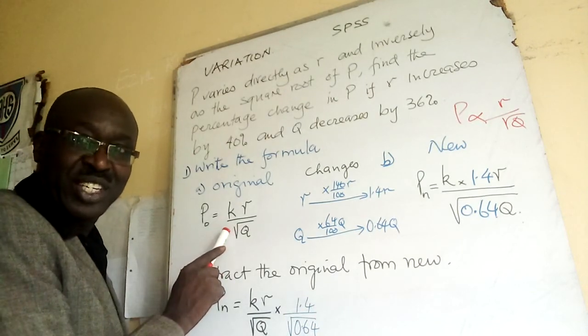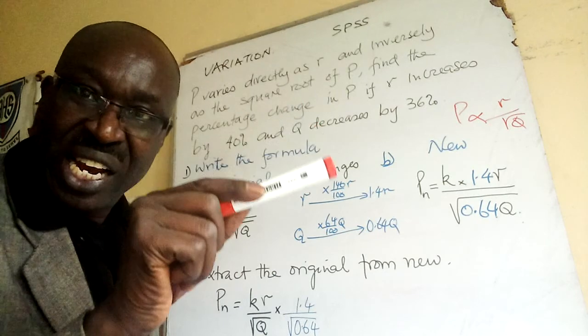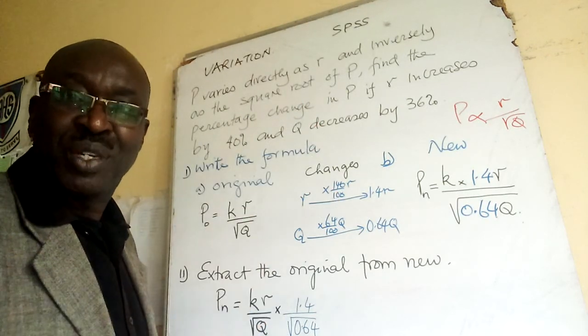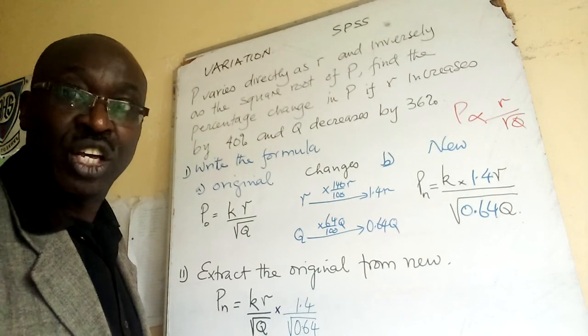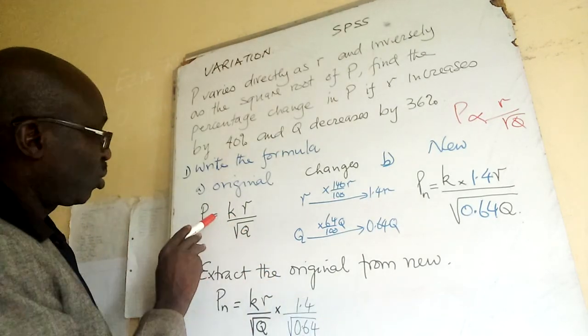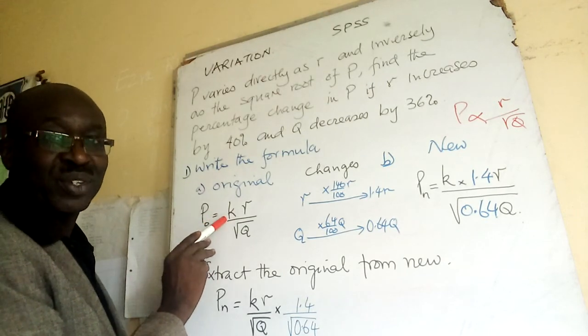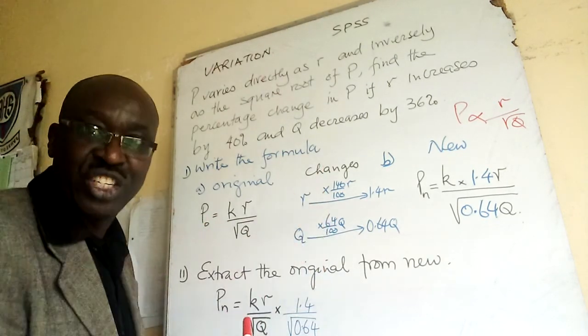This is the formula. When you remove the relationship sign and introduce an equal sign, you as well introduce a constant. So you see equal sign, constant. This is my original.